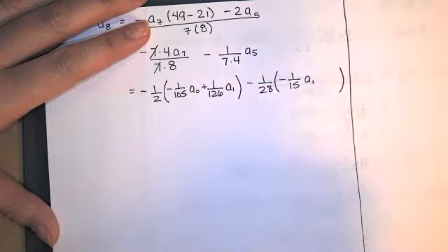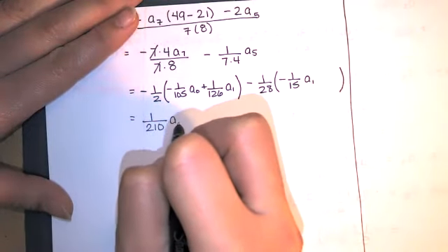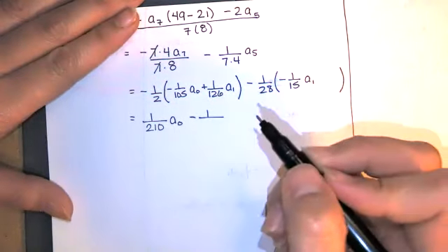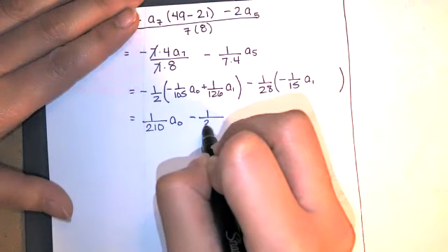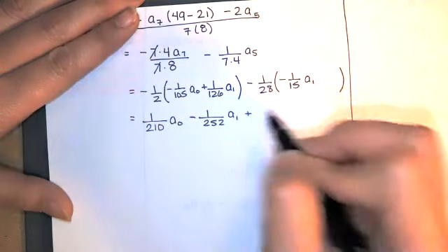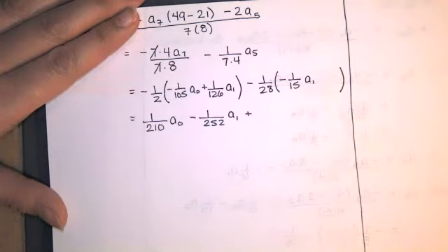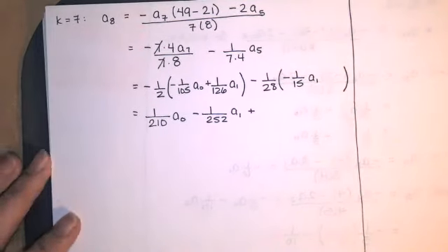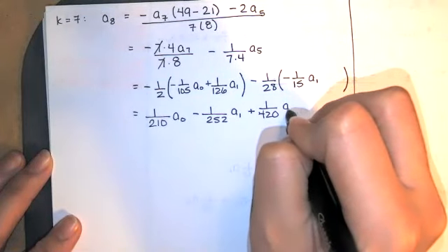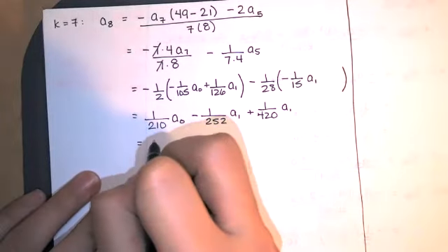Okay. So I get 1 over 210 times a sub 0 minus 1 over, what's that, 252 times a sub 1 plus 1 over 28 times 15, which is 1 over 420 times a sub 1. And then I want to add these two fractions together.